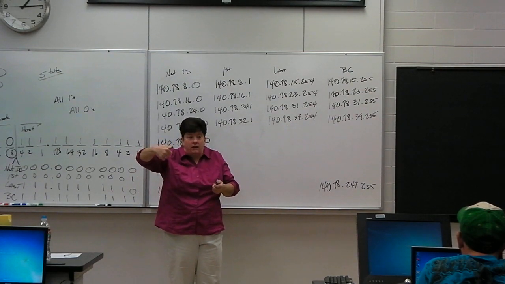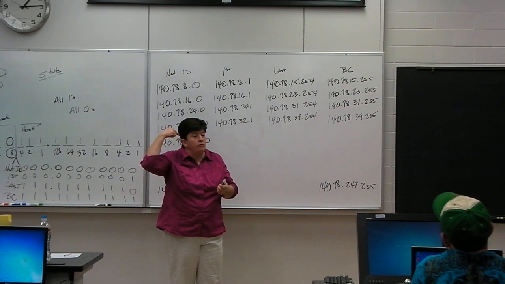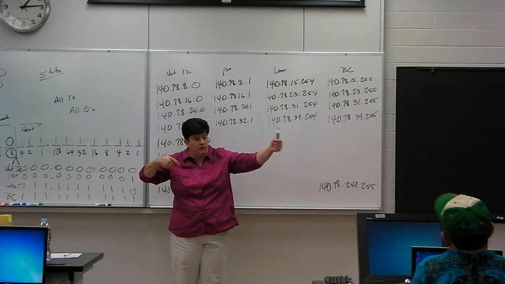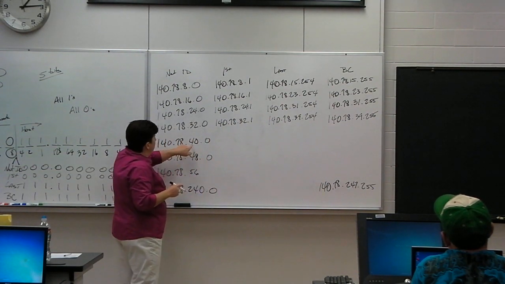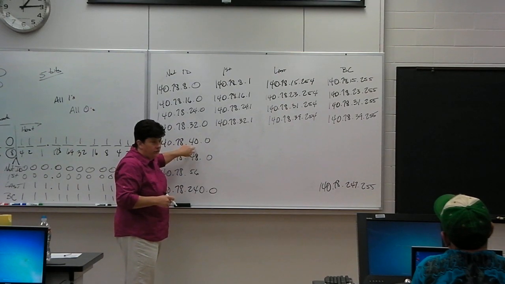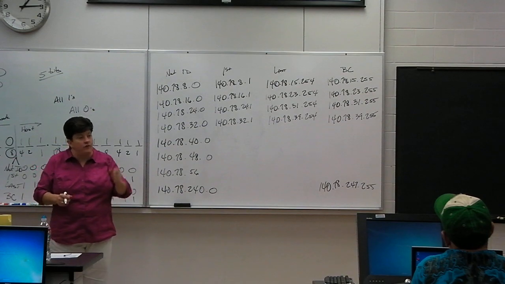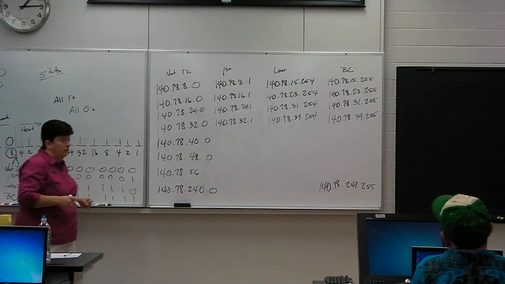So when I click that 255, what has to happen to it? It goes to 0 again, and it increments the next digit. It increments the next octet, right? So it's always one less than this one. I will use every single address up here, okay?